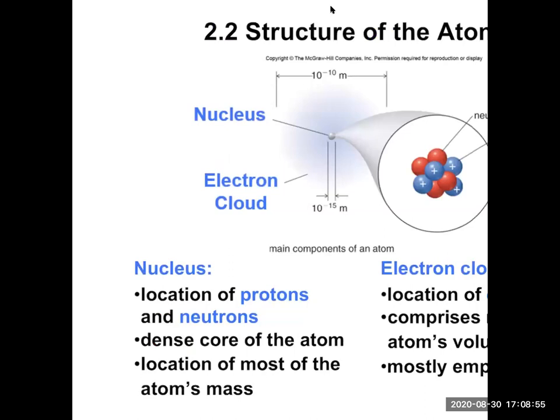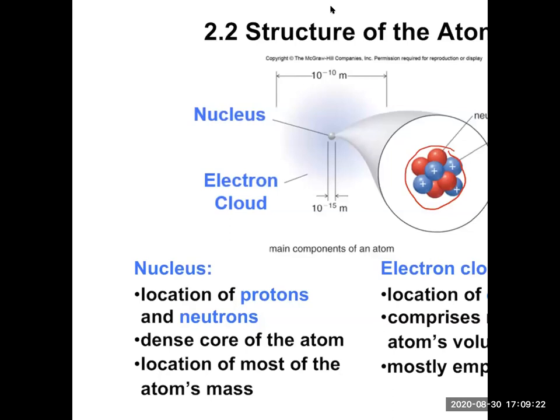Now we're going to start discussing the structure of an atom. In the center of the atom, there will be a nucleus. In the nucleus, you're going to have protons and neutrons. The protons are going to carry a positive charge, and the mass is 1 AMU.